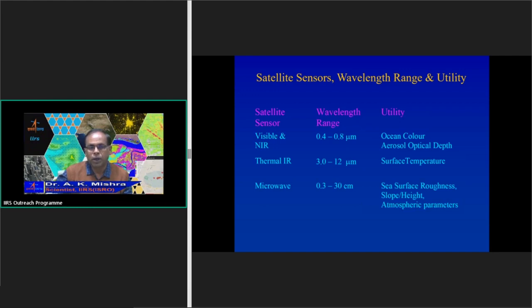And thermal infrared sensor, their wavelength range is 3 to 12 micrometer, and they provide information about surface temperature. And microwave, the wavelength range is 0.3 to 30 centimeters. They provide sea surface roughness information, slope and height information, and many atmospheric parameters.